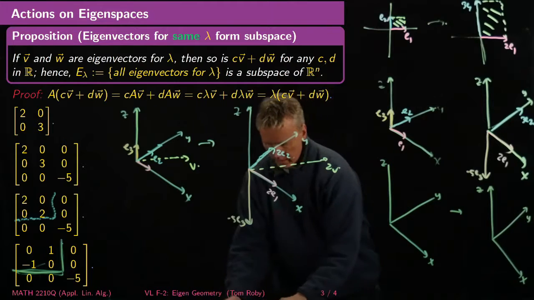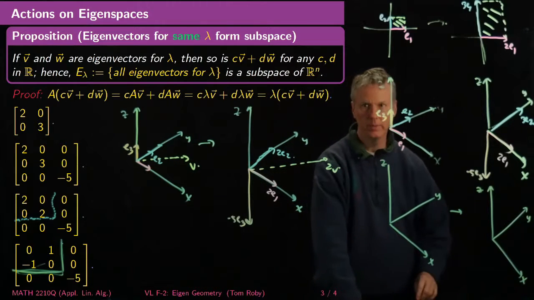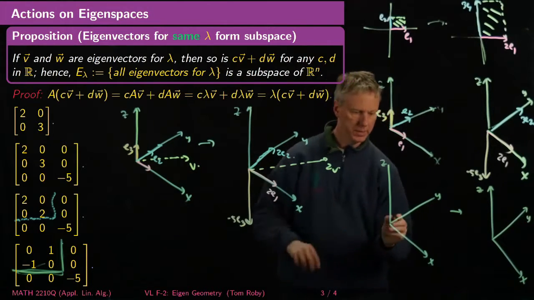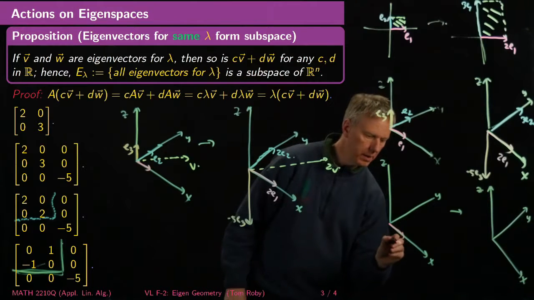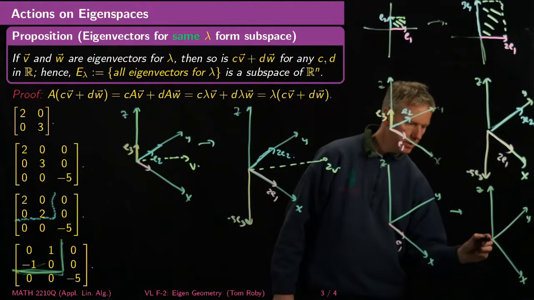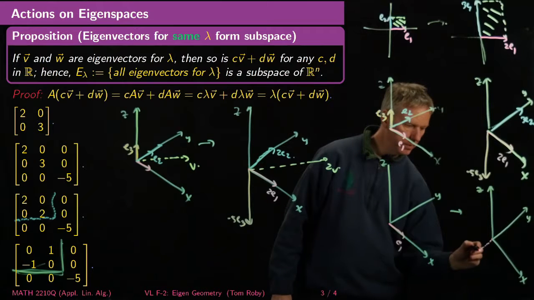And now what E1 is doing is rotating to the negative of E2.